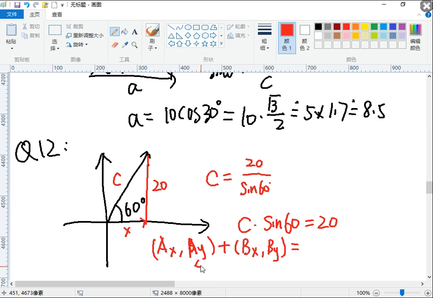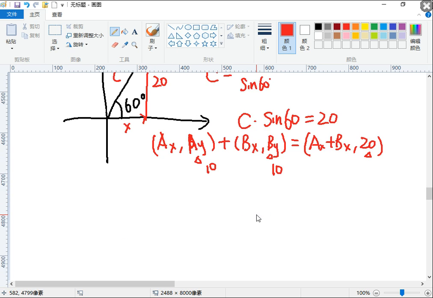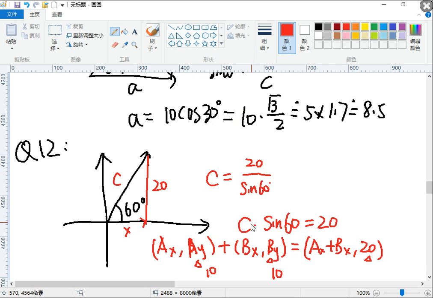So this is 10, okay, and this is 10 again. Then the final resultant vector should be Ay plus By, 20. Okay, this is why I say that the y component of the resultant vector is 20. So this is easy.